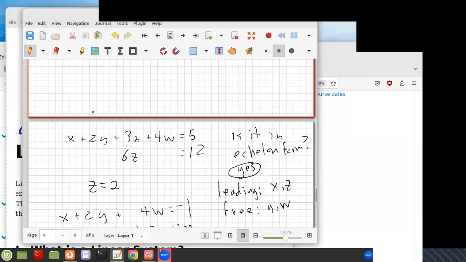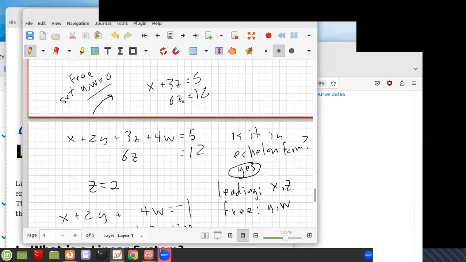If I set, in this equation, y and w, the free variables, to 0, which is possible, then I get a simpler equation. I get x plus 3z equals 5 and 6z equals 12.